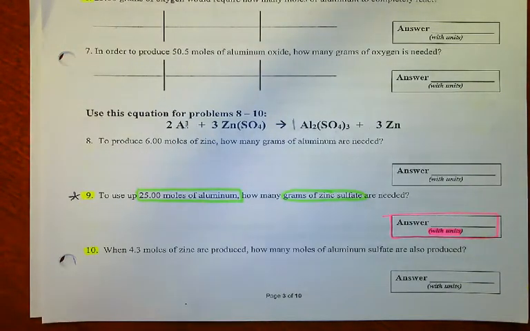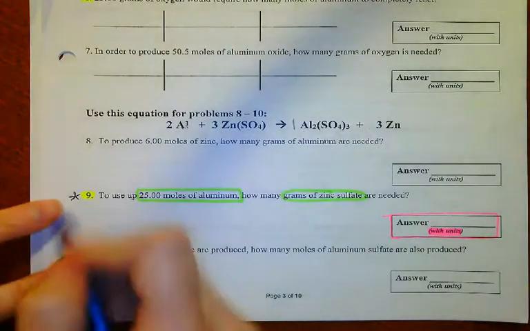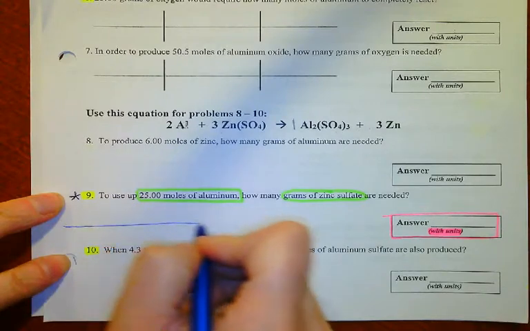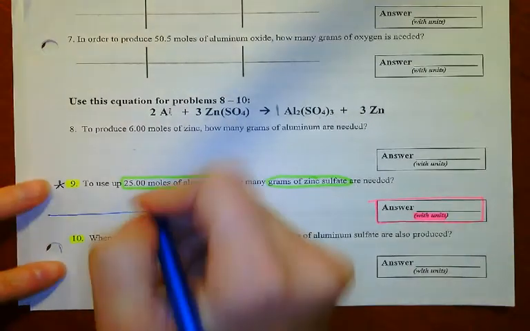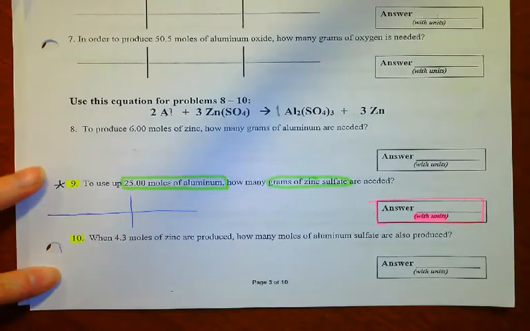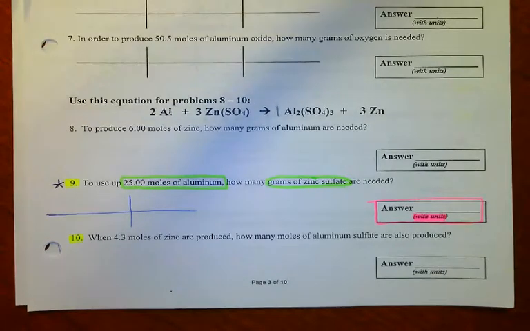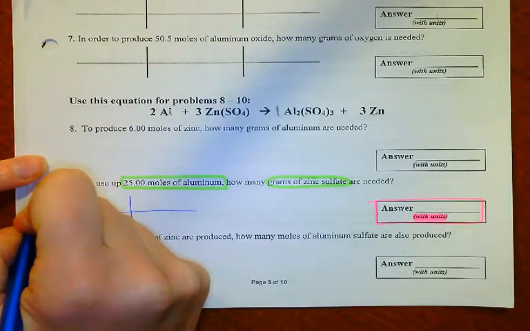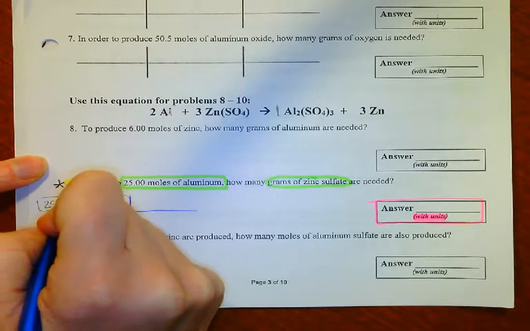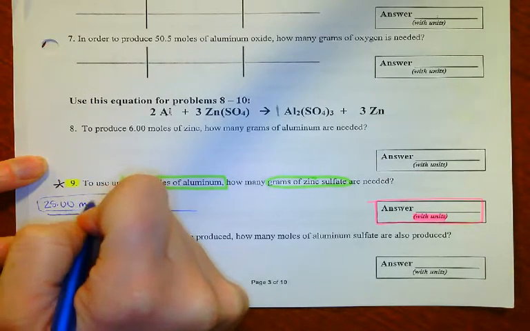Okay. Now, I'm going to start by showing my work all the way over here on the left, because I'm not telling you if this is 1 or 2 steps. Like at the top, I showed you. But here we're expecting you to know. So I'm just going to start all the way over here and give myself plenty of room in case this problem drags on. So whatever I put in the box comes in my first box. 25.00 moles.